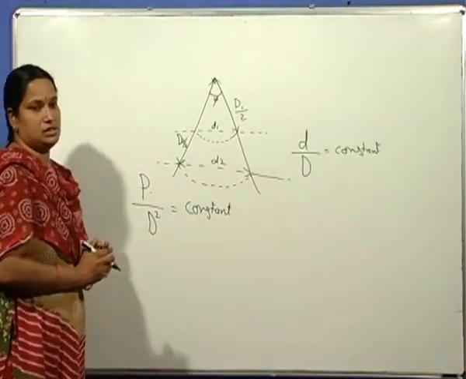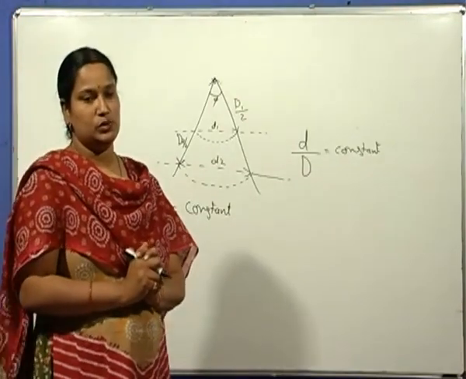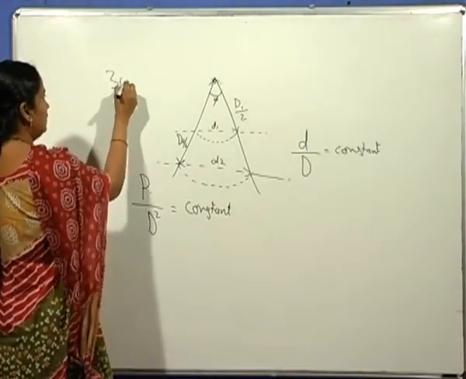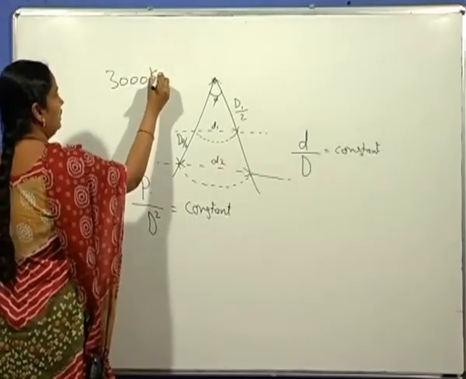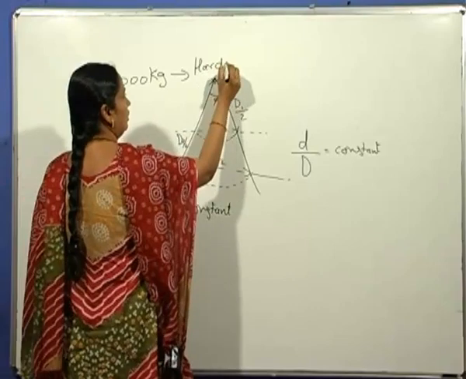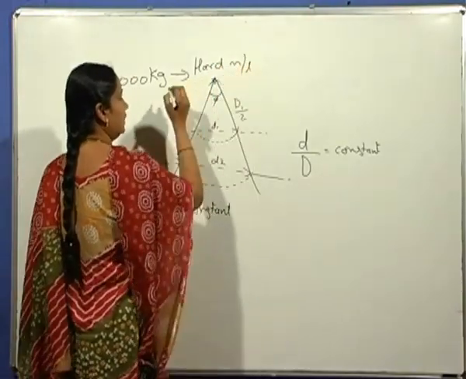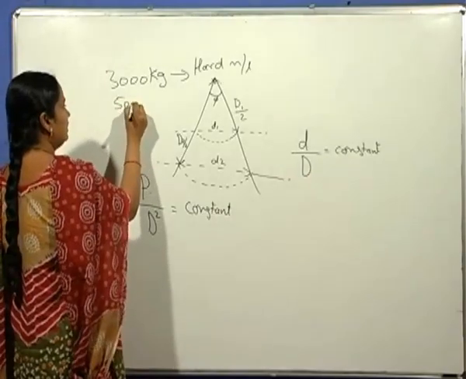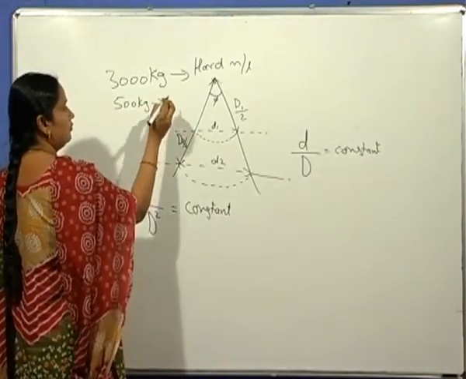So the standard loads that are used in the case of Brinell hardness are 3000 kg for the case of hard materials, and 500 kg for the case of soft materials.